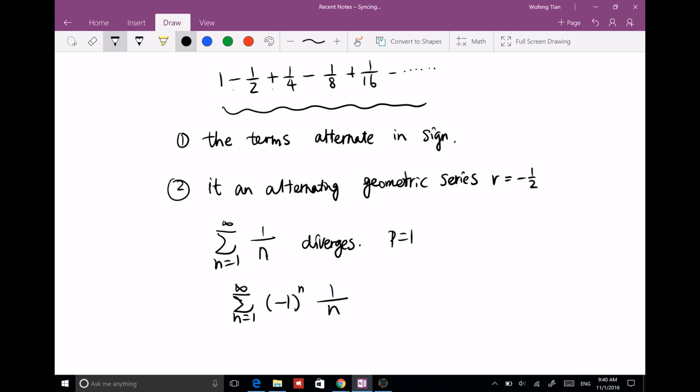It's -1 to the n times 1 over n, an alternating series. The previous one, n from 1 to infinity, 1 over n, is 1 plus 1/2 plus 1/3 plus 1/4 plus 1/5. You continue like that. Now, I would like to ask you if this one diverges or converges.